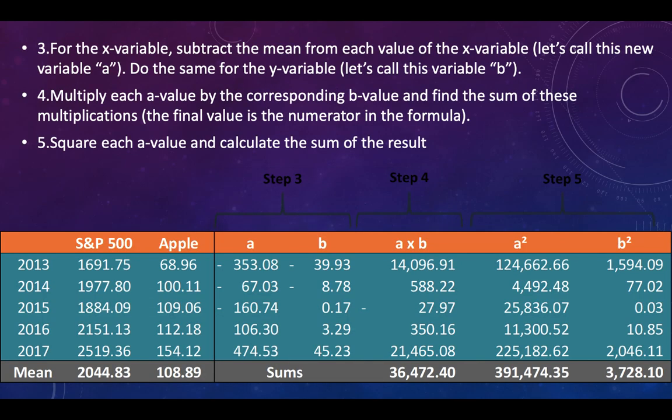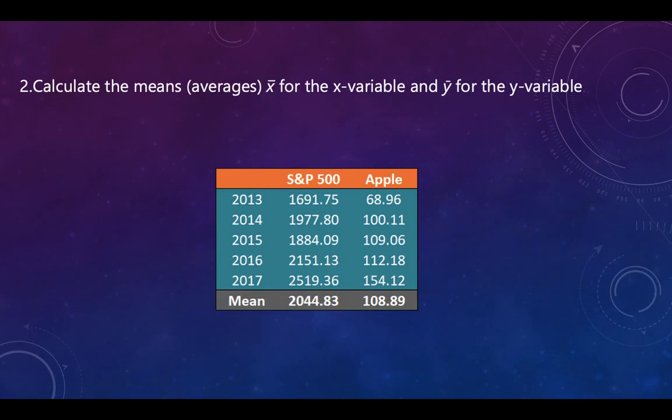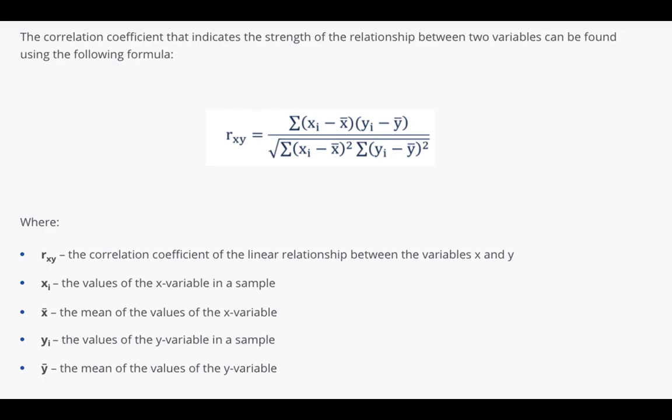So next step, before that I want to take you again to the formula screen. So we found the mean. First of all we have to subtract the mean from the value of the variable. First we take the x variable minus the x mean, then similarly the y variable minus the y mean.